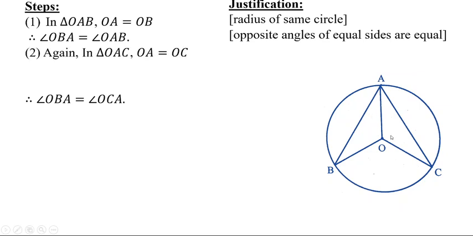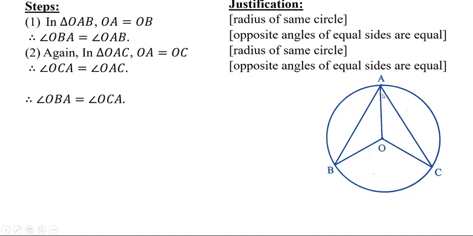Again, in triangle OAC, OA and OC are equal. In a similar way, angle OCA and angle OAC are equal. Reason or justification, angles opposite equal sides are equal. Now, angle OBA equals angle OAC. Therefore, angle OBA and angle OCA are equal.